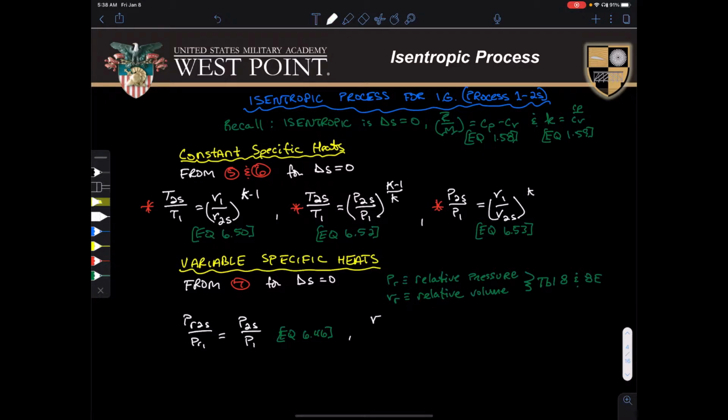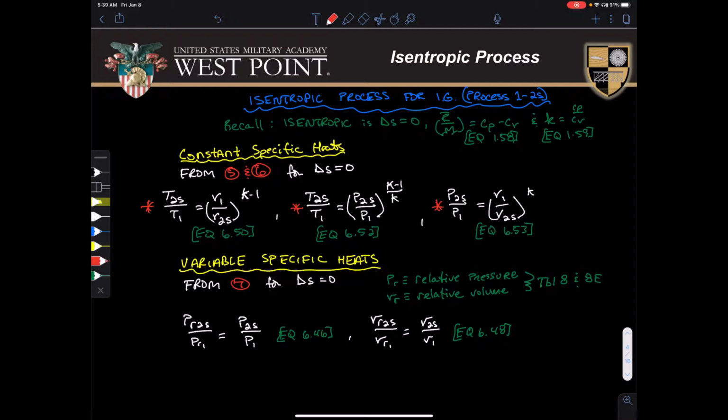So first we have our ratio of the relative volume at state 2 isentropic divided by the relative volume at state 1 equal to our specific volume at state 2 isentropic divided by our specific volume at state 1. This is equation 6.48 in your text.